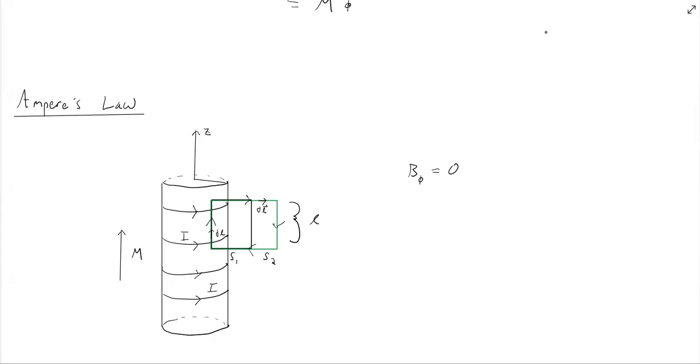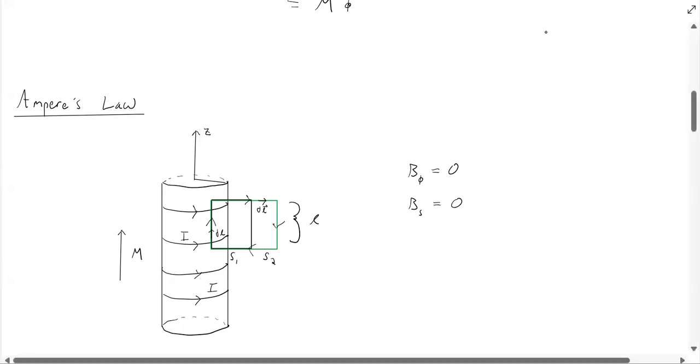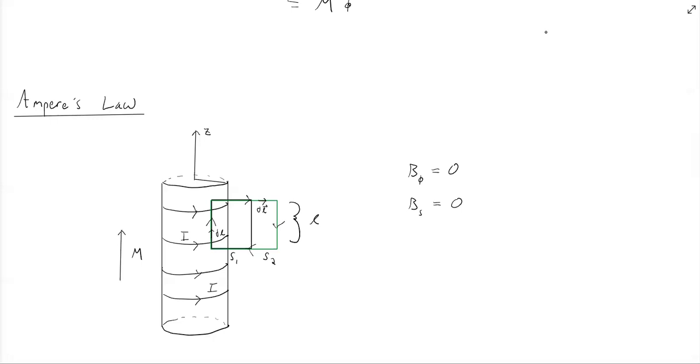Then there will be no radial component, so B_s will be 0. Thinking about this problem, if we were to flip the direction of the current, this would imply flipping the B field.